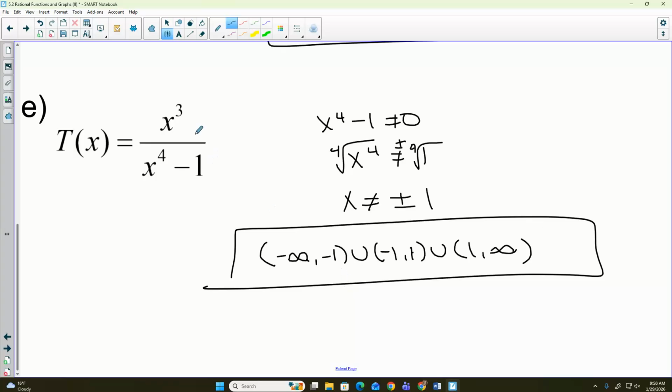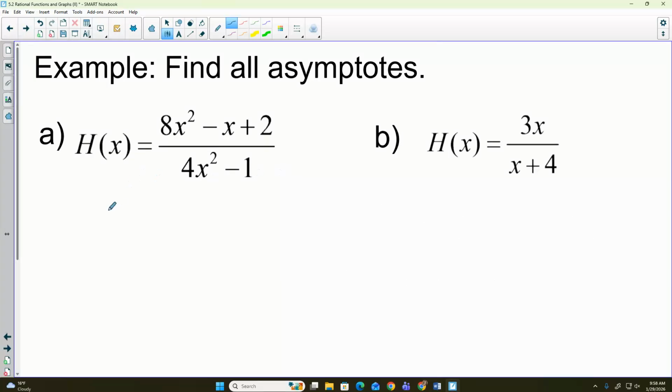Okay. So now let's start finding the asymptotes. Vertical asymptote is just like finding the domain. The only difference is you're going to say x equals, because it's the line. So to find the vertical, we set the denominator equal to 0. x squared is equal to 1/4.